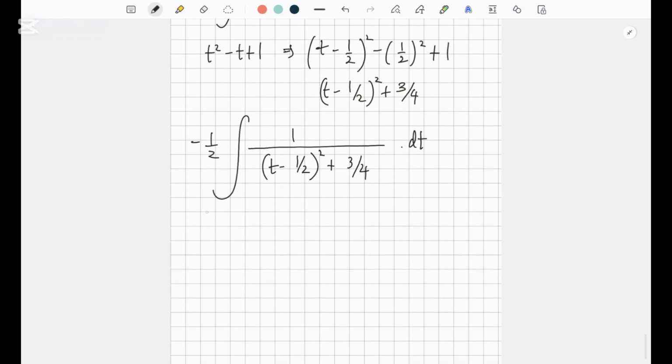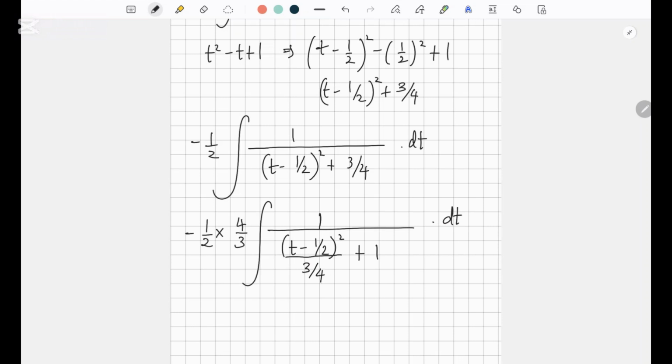So when I take it outside, I have minus 1 over 2 into 4 over 3, and we'll have 1 over t minus half squared over 3 over 4 plus 1. This is what I meant by taking 3 over 4 outside. I could put them in a bigger bracket as 1, but 3 over 4 would change. It would be root 3 over root 4, right? So root 4 is 2, so this is what you'll get.